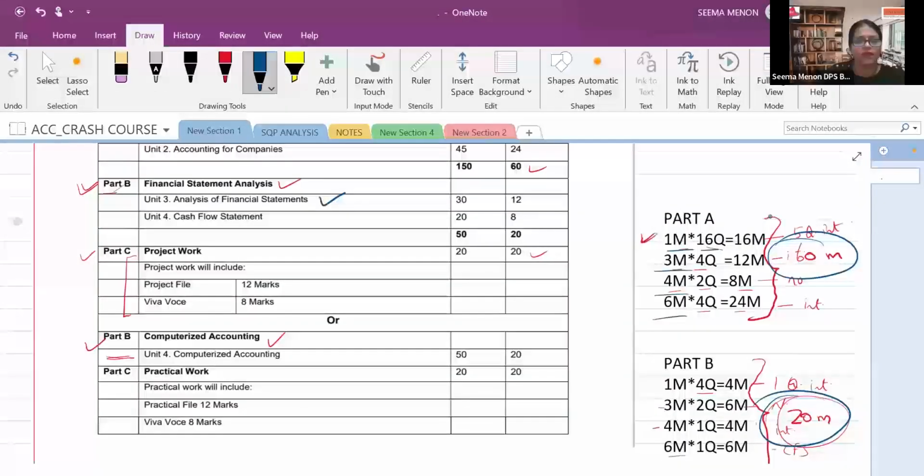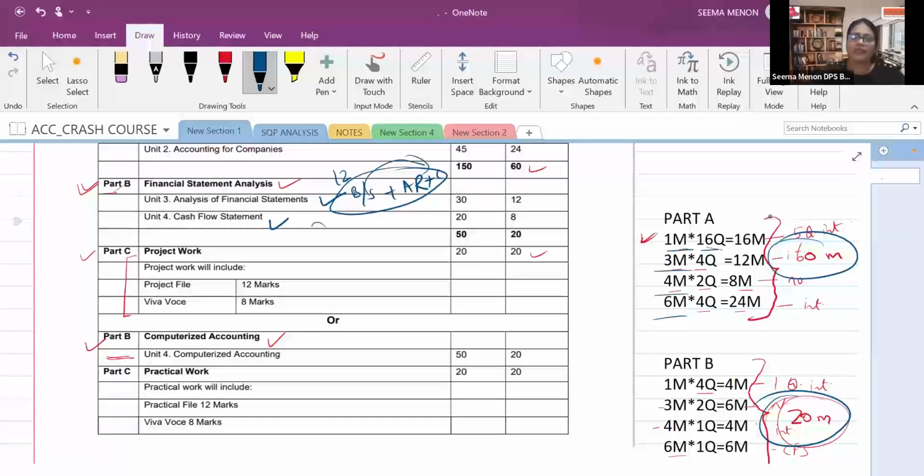That is analysis of financial statements. Here comes the balance sheet, that is major heading and subheading. Then comes accounting ratio, which is very easy. Altogether this will cover 12 marks. Then comes the cash flow statement. Here one more will come, comparative statements, as analysis of financial statements is part of the balance sheet.